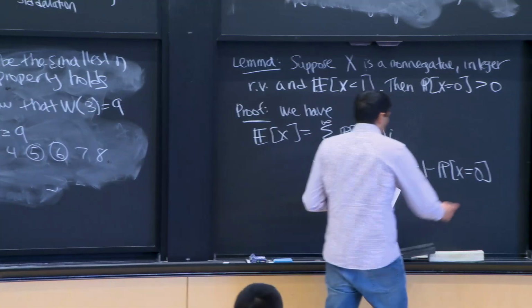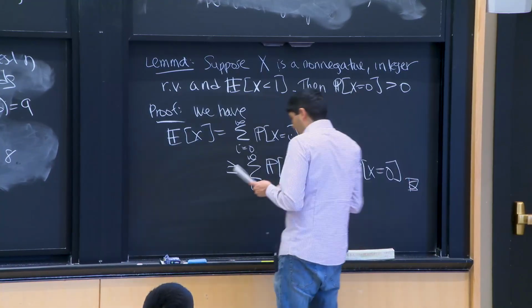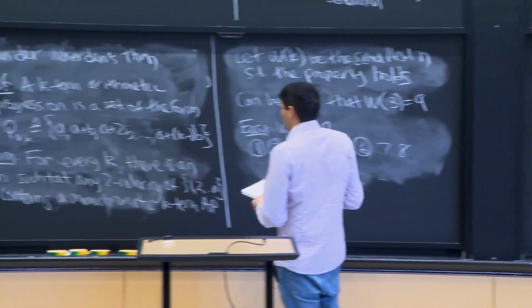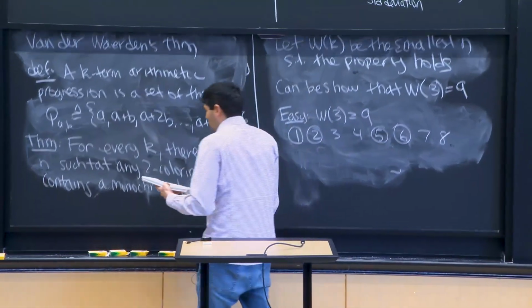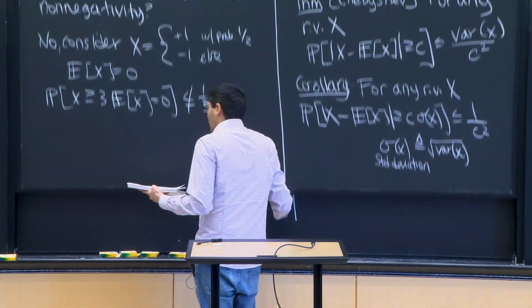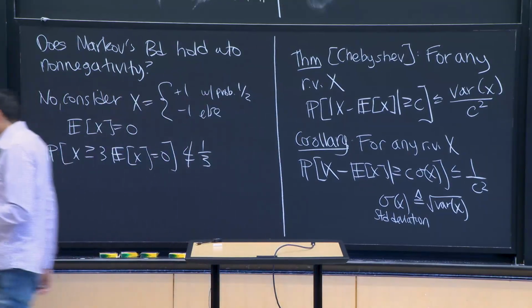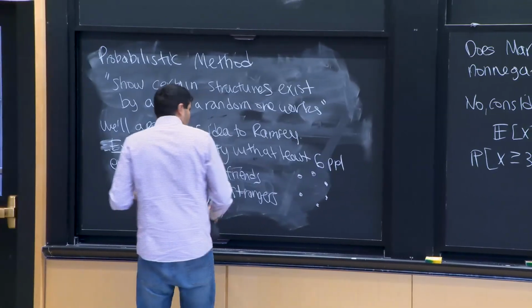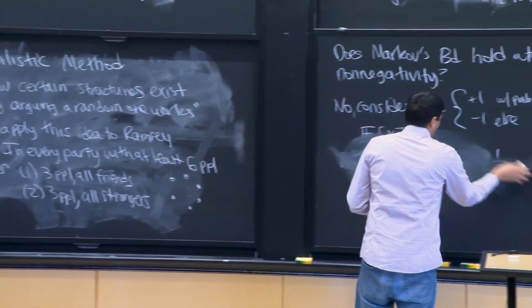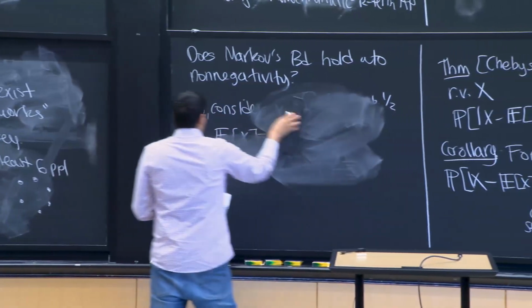So that simple proof is the basis for our strategy, because all we have to do now is compute what the expectation of x is. I told you what random variable x represents. I told you the fact that we're doing a random coloring. And I told you what the strategy is of how to reason about the probability that x is 0.